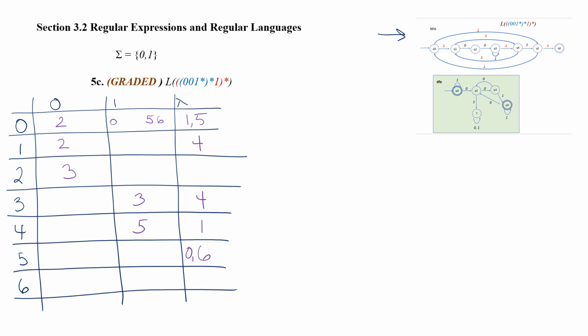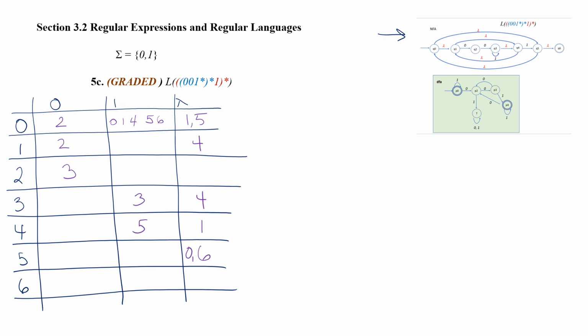And if I jump to Q0, I can also jump to Q1. And if I jump to Q1, I can also jump to Q4. So basically the only states I can't get to with a 1 from Q0 is 2, which is very obvious. There's no way to get to 2 with a 1. And I also can't get to 3 because I got to go through 2 to get to 3.